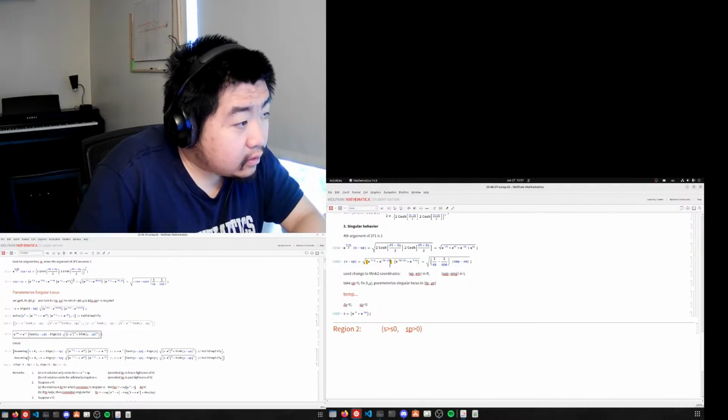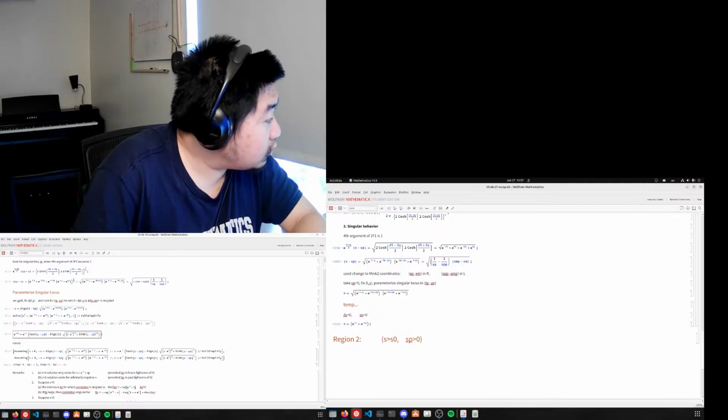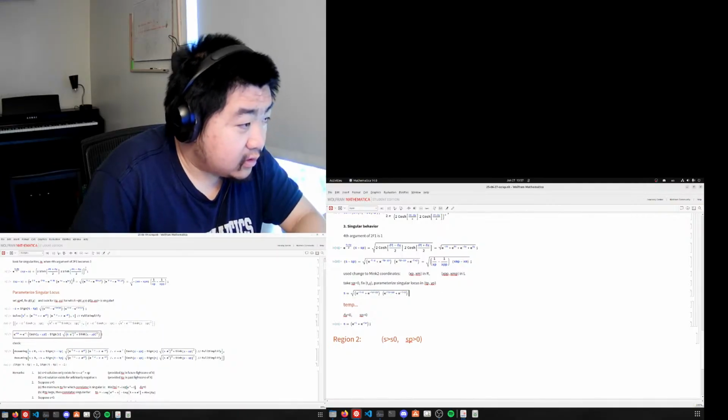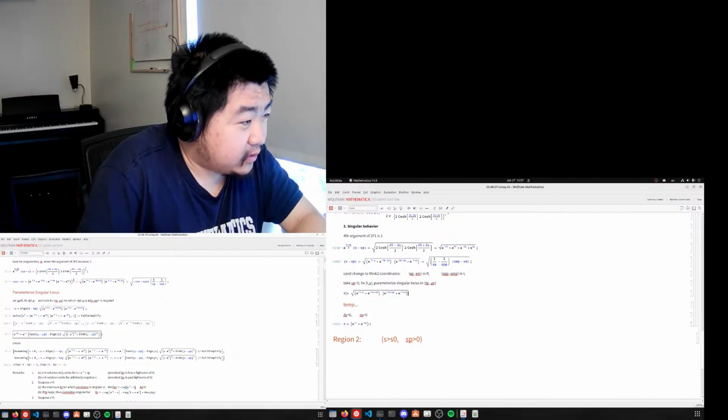Do this. Equals. So this is always positive, which is good. So always happens for s is greater than 0.